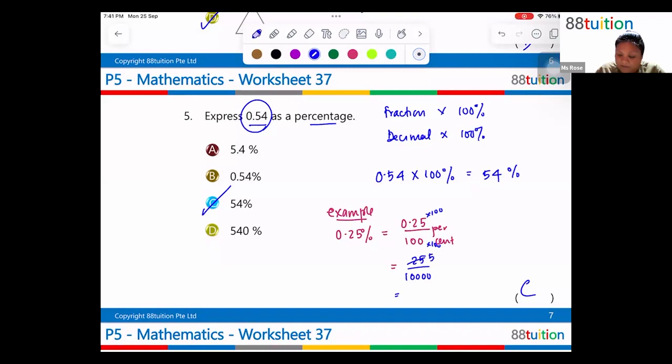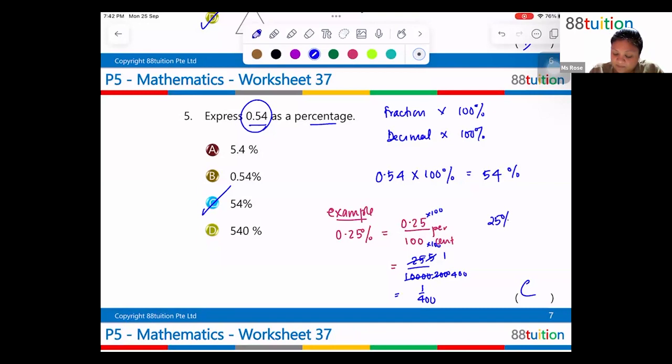Divide by 5, you get 2,000. Divide by 5, you get 400. Can you all please take note? It's not 1/4 also. It is 1 over 400. Because it is 0.25% over 100.